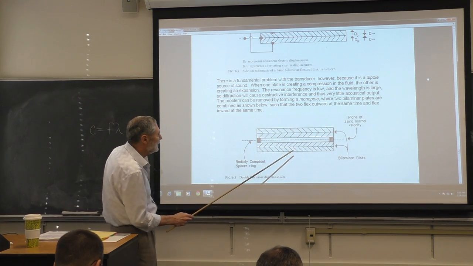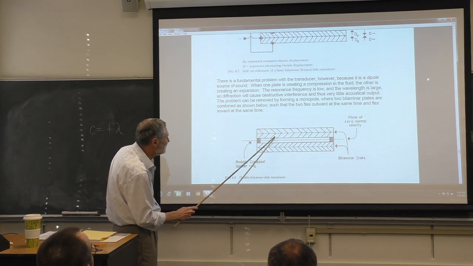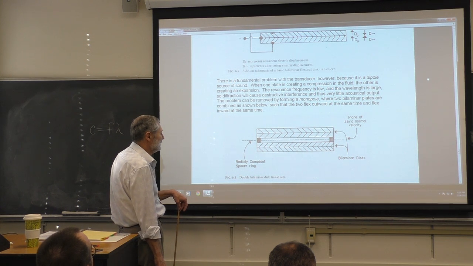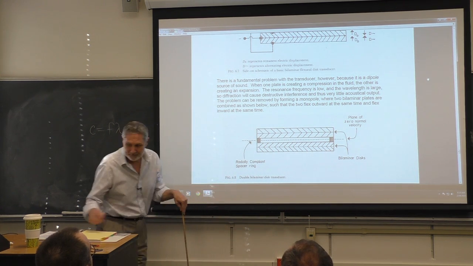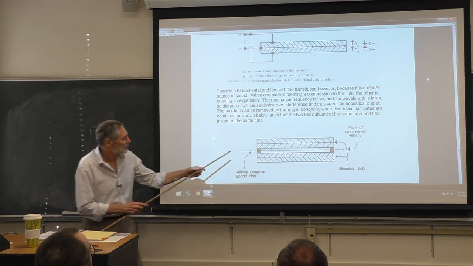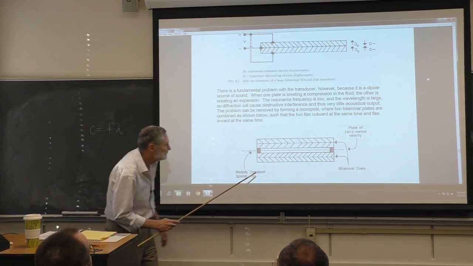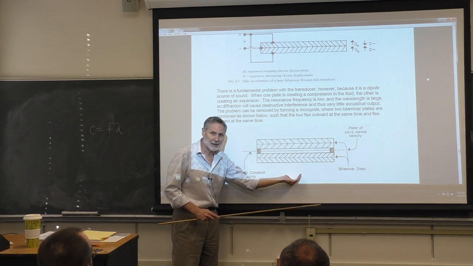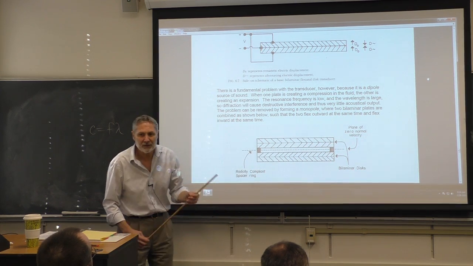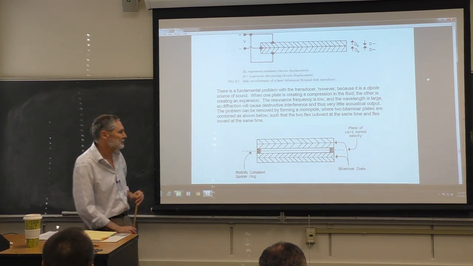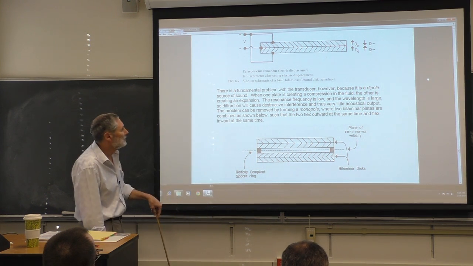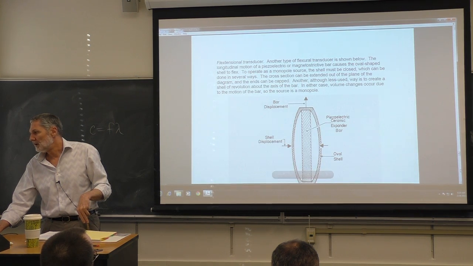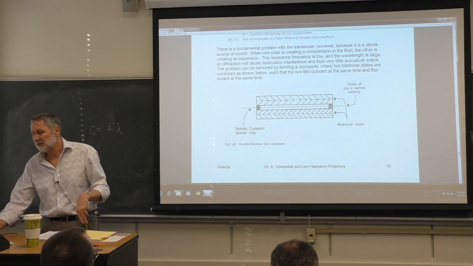You need to recognize here that when the voltage is such that this one's going like this, you want this one to go like that. You want it to be the mirror image of the other one. And now you've got a monopole, a changing volume. Okay, any questions about that one? That's the idea.